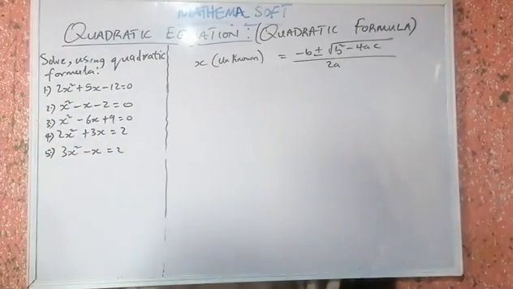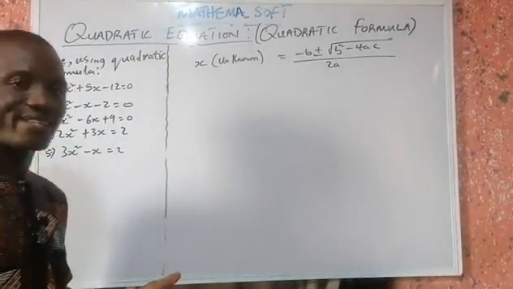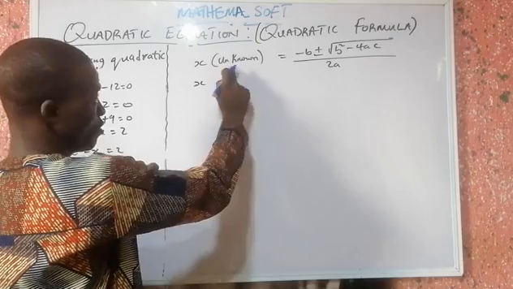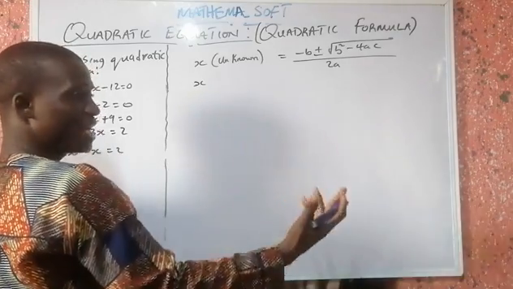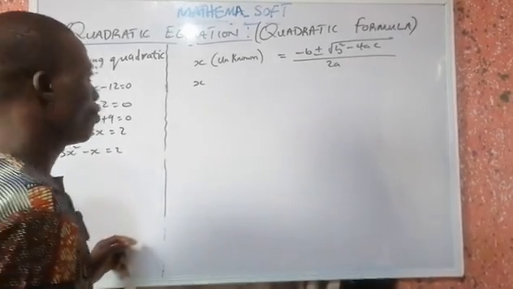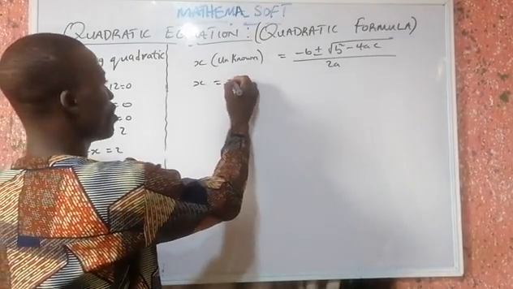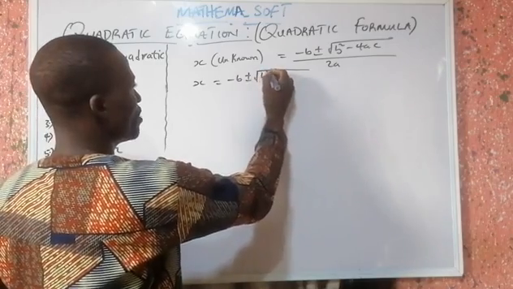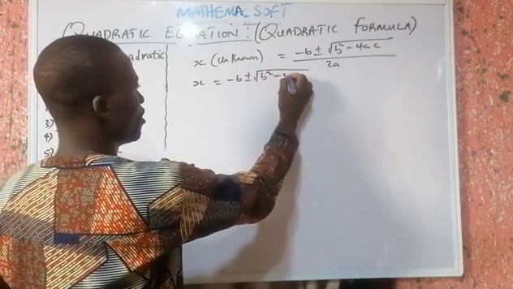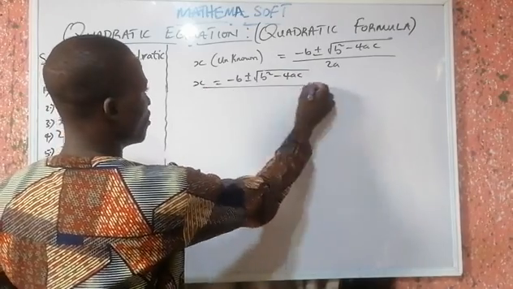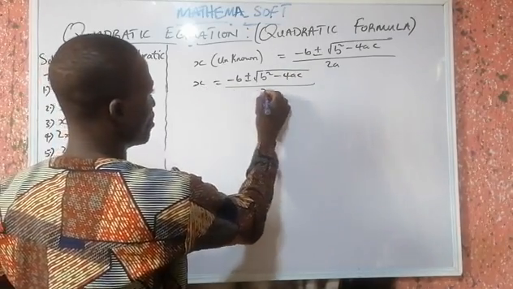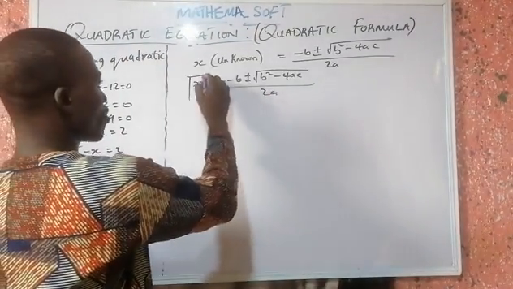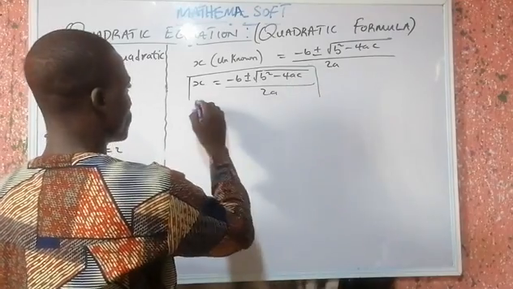In other words, if I want to use x as my unknown, I can just say x, or any other unknown, y, m, n, whatever it is that you have, equals minus b plus or minus root b squared minus 4ac all over 2a. This is the quadratic formula, okay?